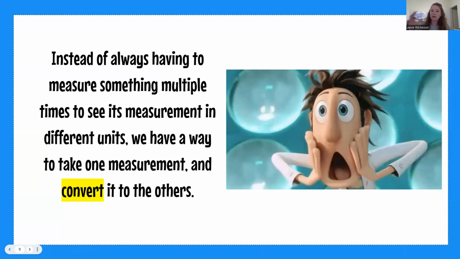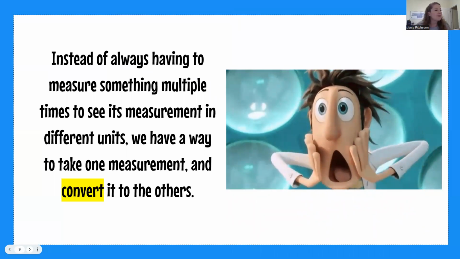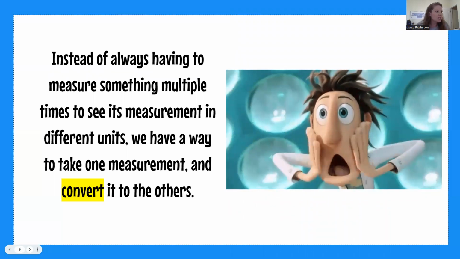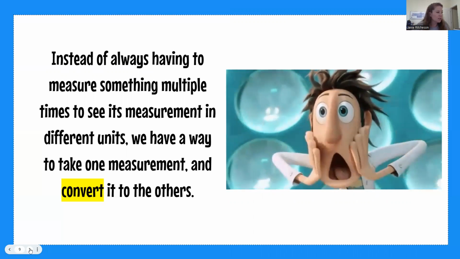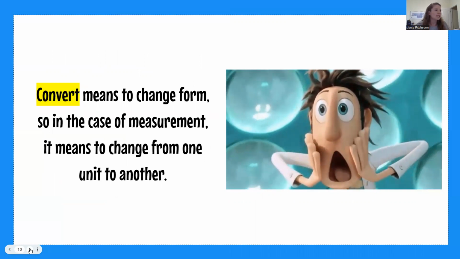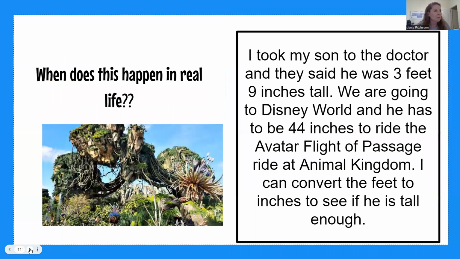So you can go back and forth between these measurements. Instead of always having to measure something multiple times, we have a way to take one measurement and convert it to the other measurements. Convert means to change form. In the case of measurement, it means to change from one unit to another.